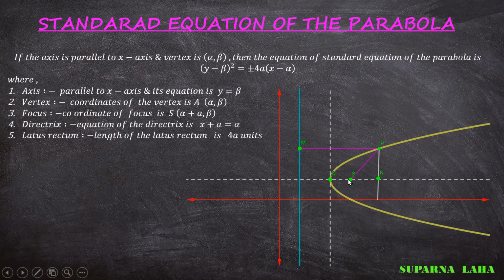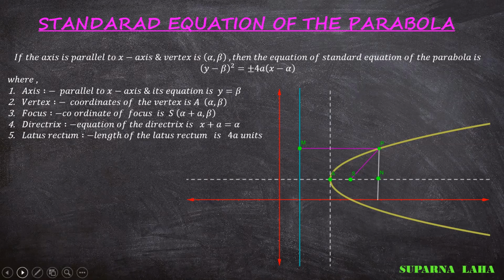Clear? If any line passes through the focus with its endpoints on the parabola, this distance is called the latus rectum, which is 4a.